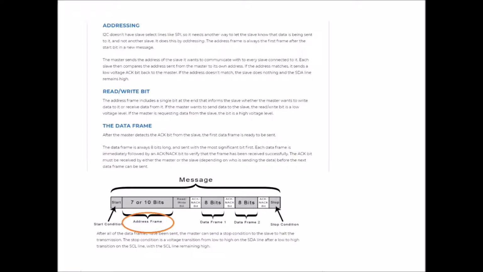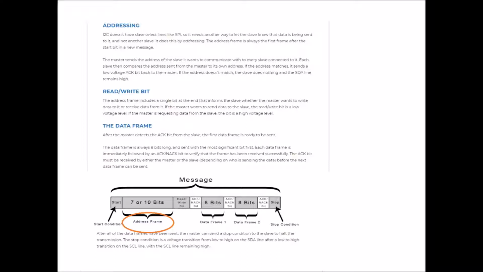Each data frame is immediately followed by an ACK/NACK bit to verify that the frame has been received successfully. The ACK bit must be received by either the master or the slave, depending on who is sending the data, before the next data frame can be sent.